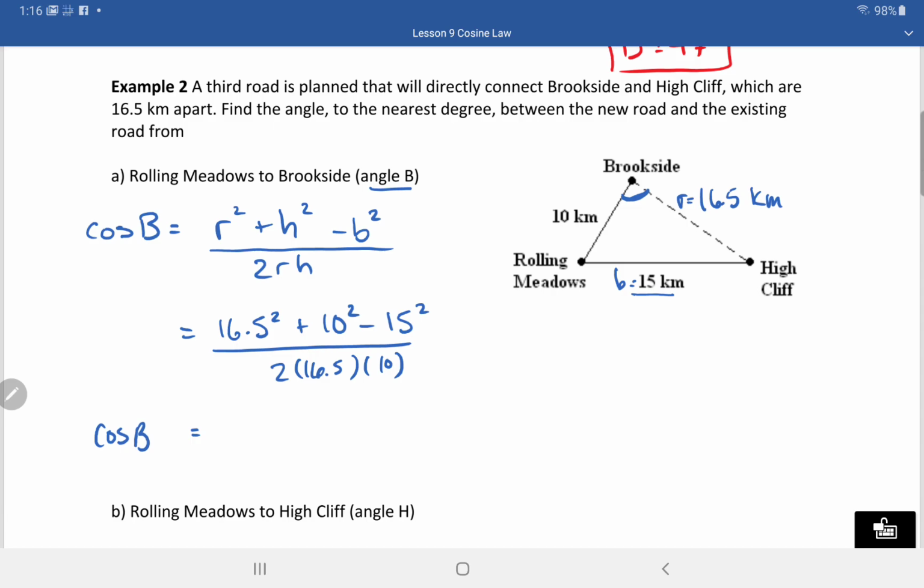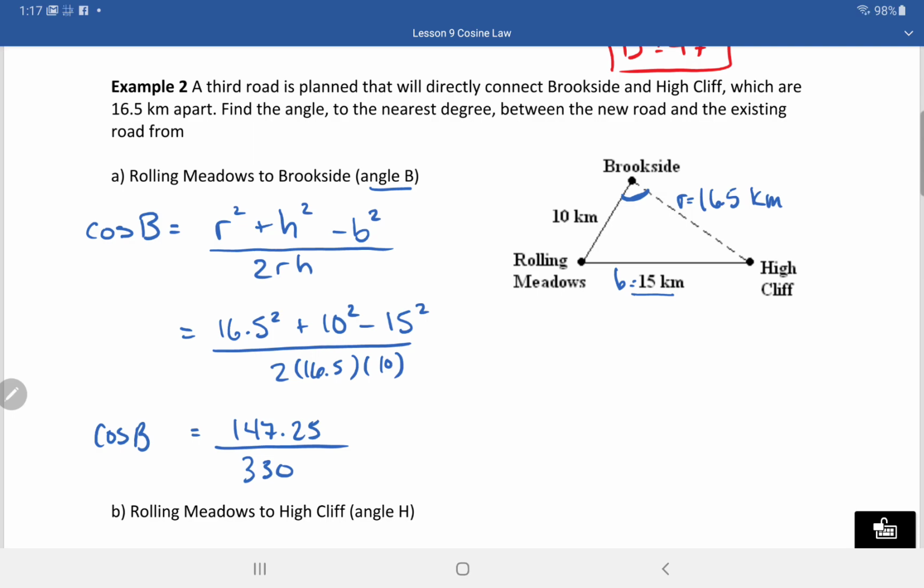I'll do the entire numerator. 16.5 squared plus 10 squared minus 15 squared. And on the top you get 147.25. On the bottom, 2 times 16.5 times 10 is 330.